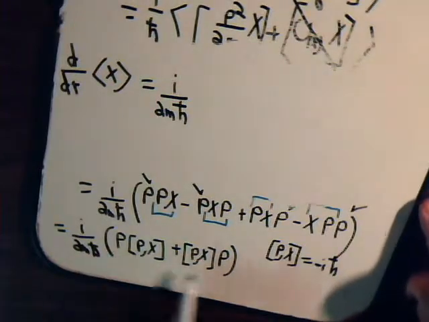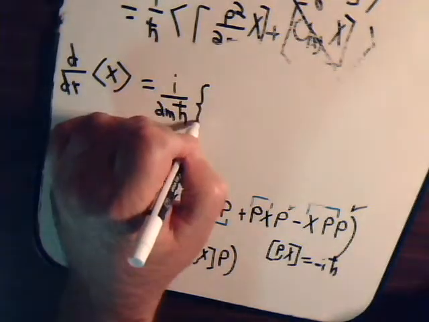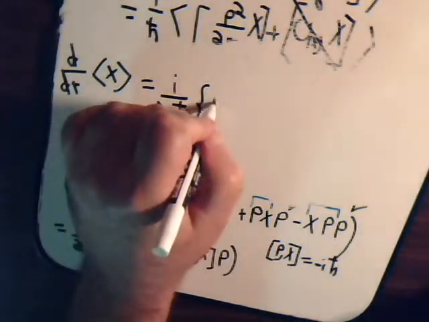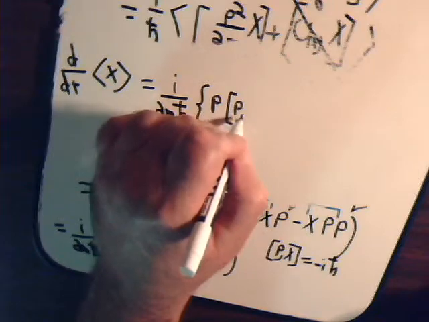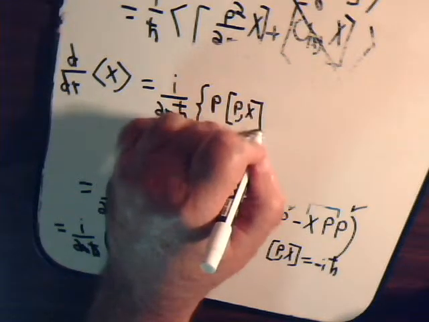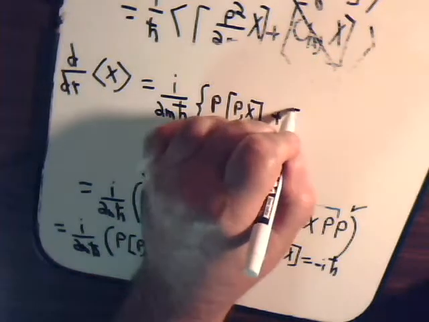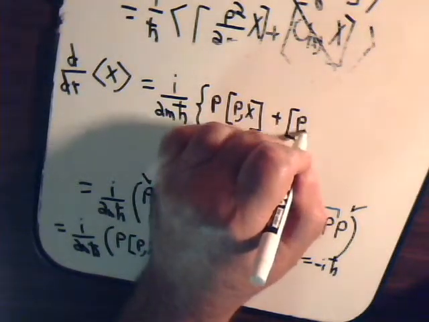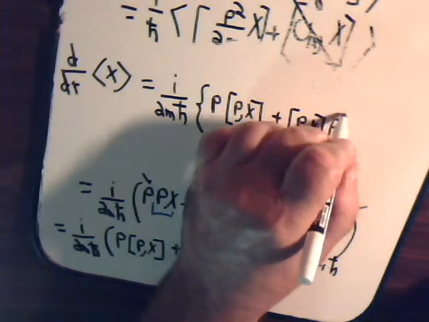And then we have this expression right here, p with that commutator plus commutator again, p.